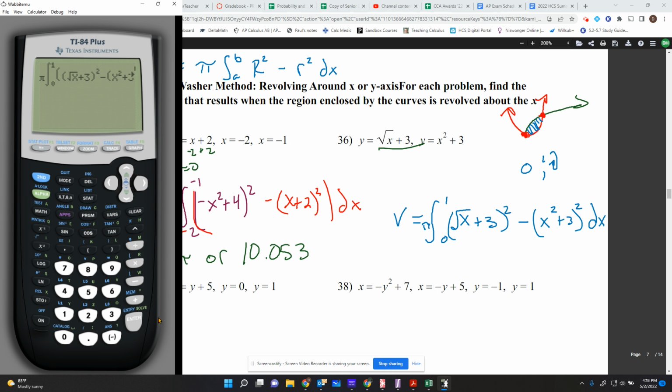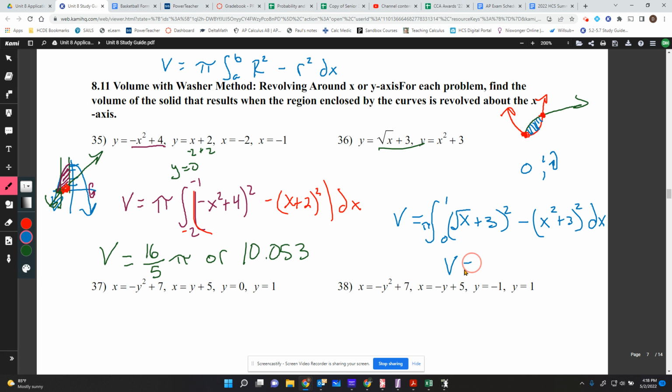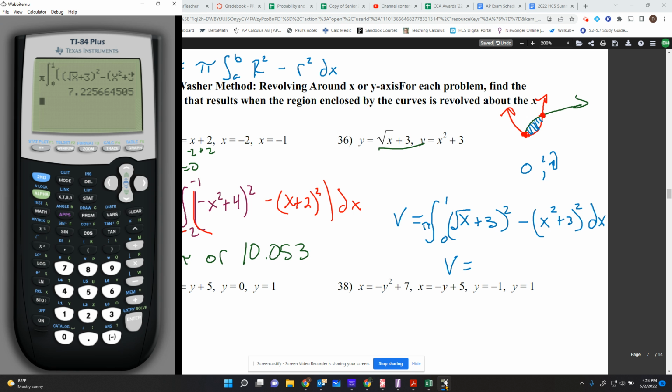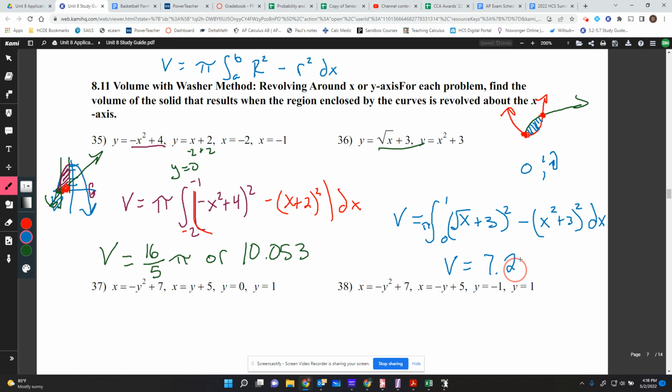Give it some time to work. And we get V equals 7.2257. If you evaluate it without the pi and then add the pi in after, you get 23 over 10 pi.